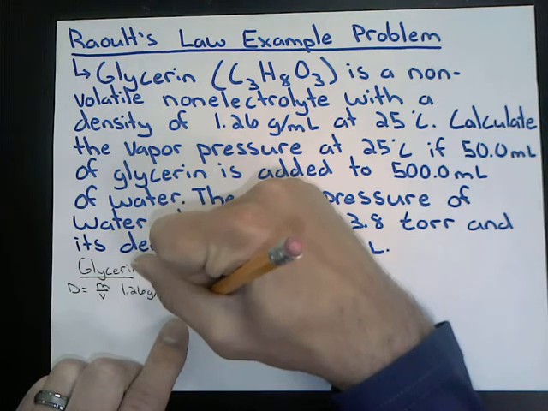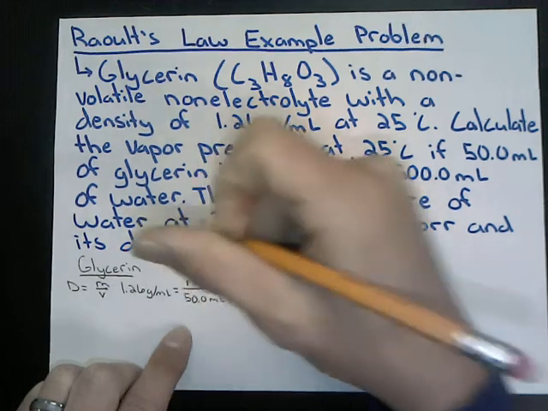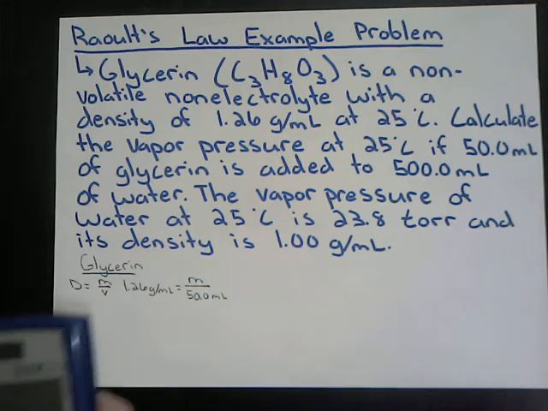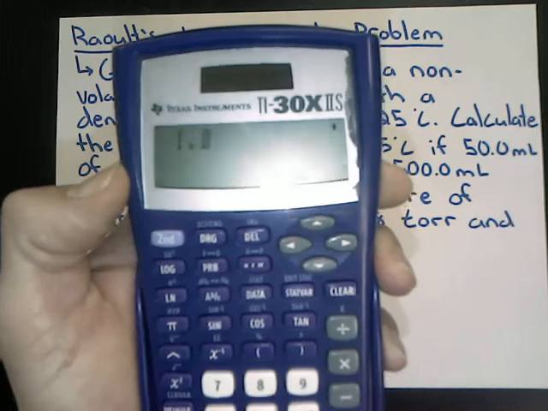So we put down 50.0 milliliters of glycerin, and we're going to cross multiply these numbers. In my calculator I take 1.26 and multiply it by 50.